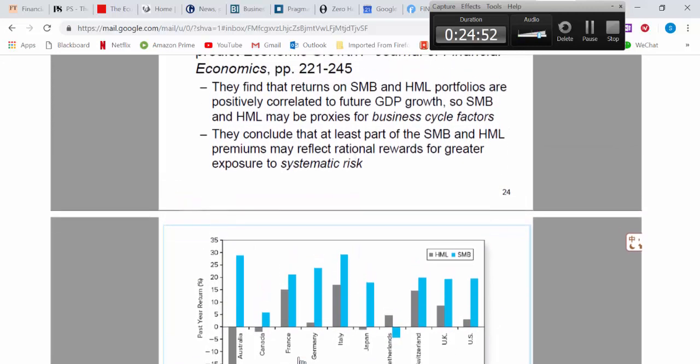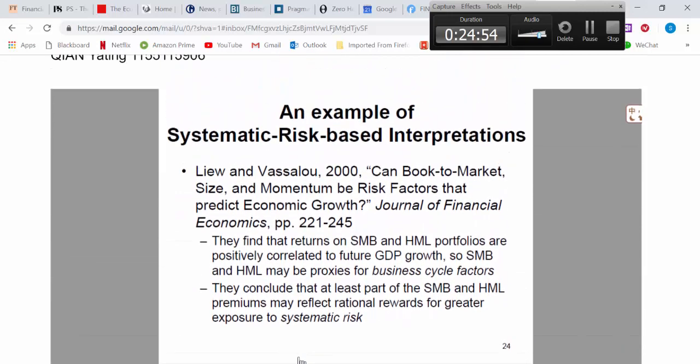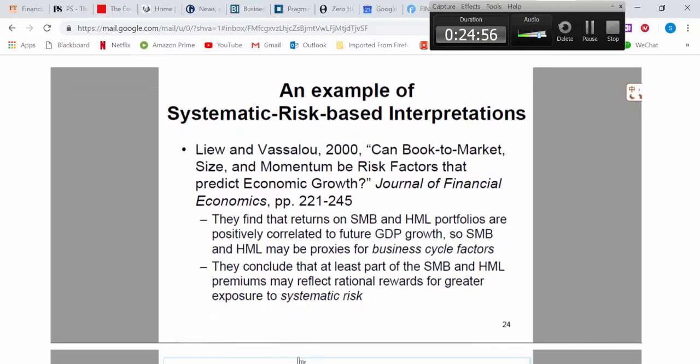So it seems that SMB does better, there's bigger outperformance in good markets relative to bad markets. So it may not be that small minus big is actually giving you extra return.